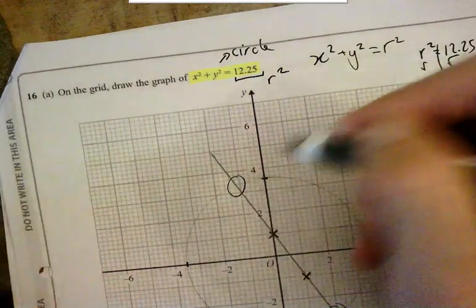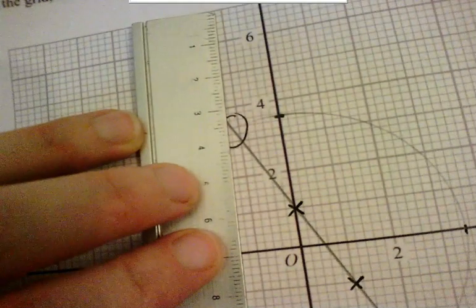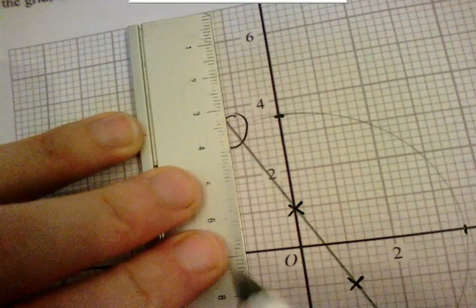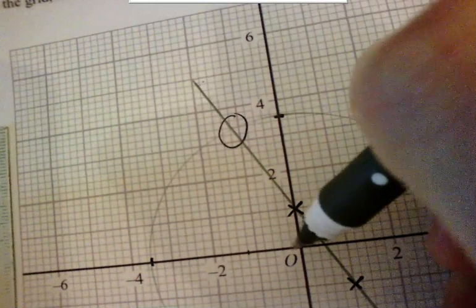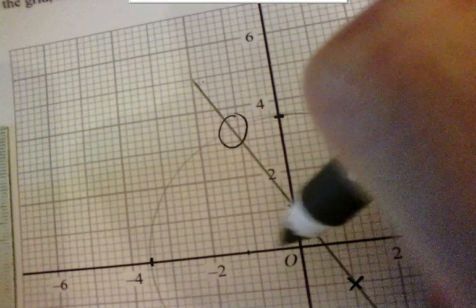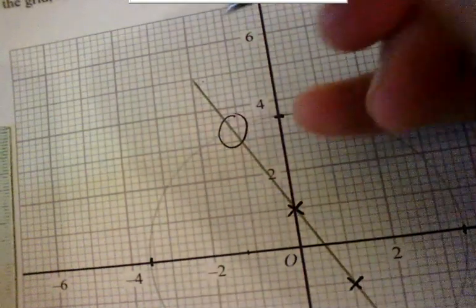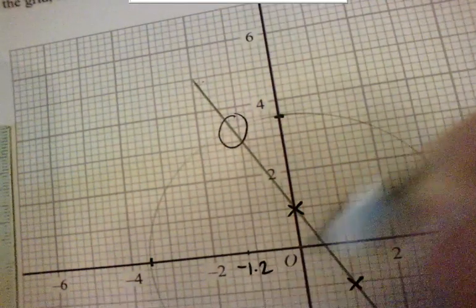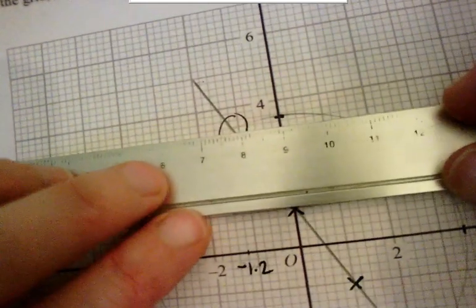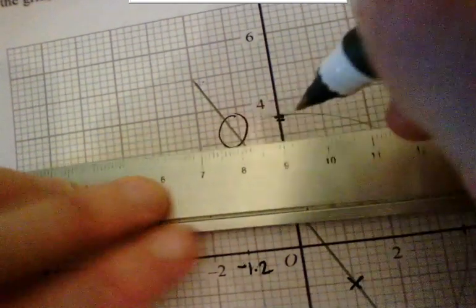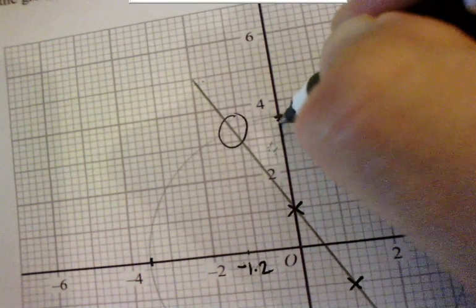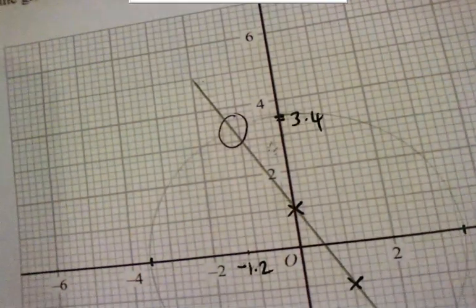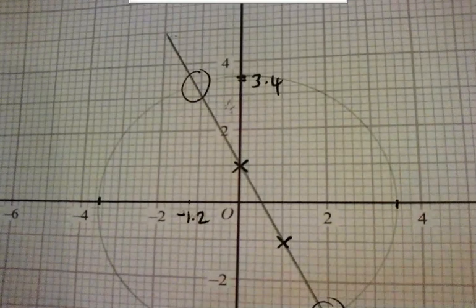So for this point, the x coordinate is, each little box is worth 0.2, so that's going to be negative 1.2. And the y coordinate looks like it's here, so that's going to be 3.4.